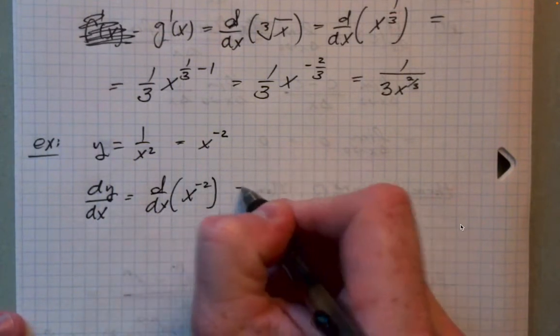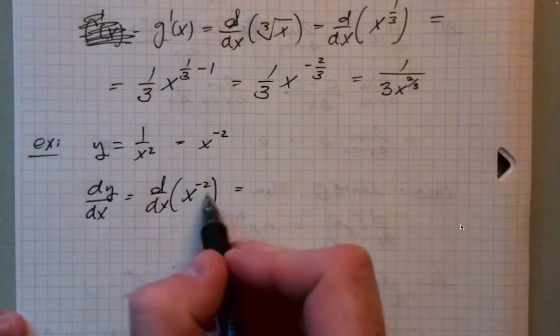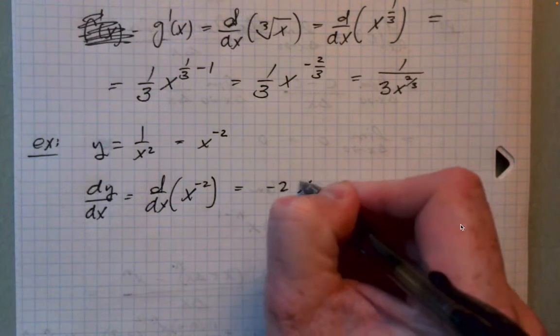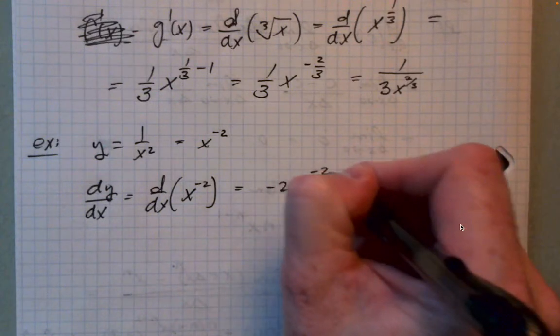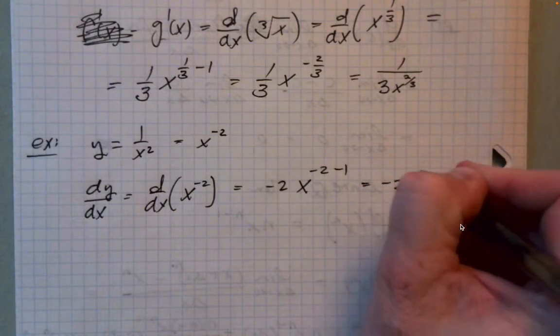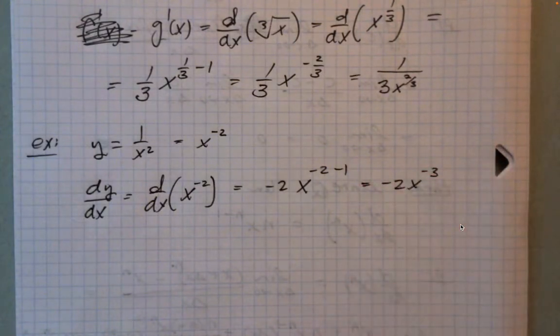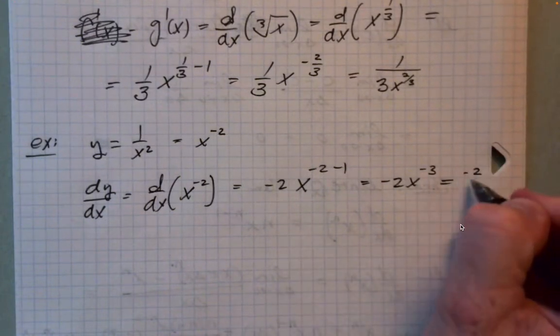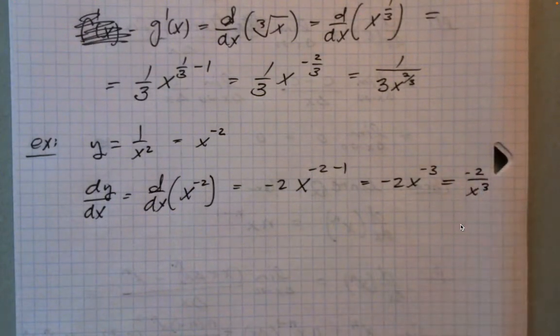Okay, and then I can just apply that formula. So in this case n is -2, so I bring that down front, and it becomes x to the -2 minus 1. And so I get -2x to the -3 power, okay, which is better written as -2 over x cubed.